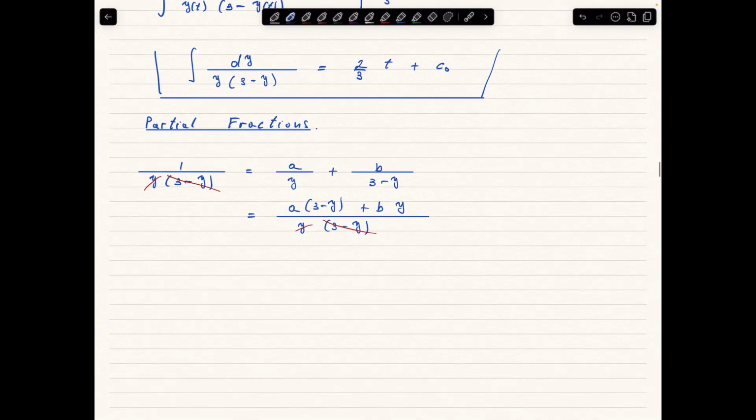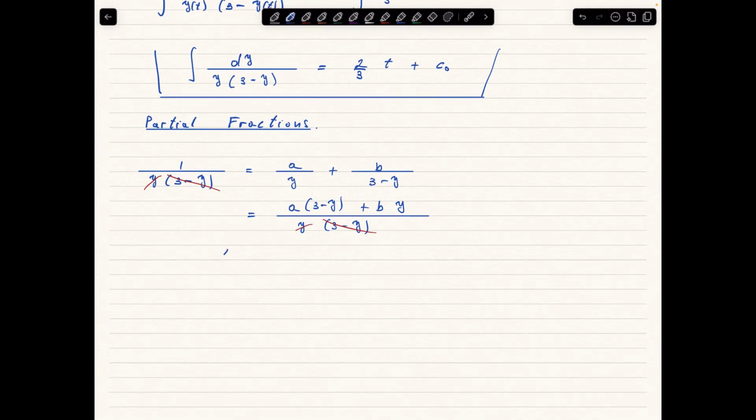And we have an equation that says 1 has to be equal to a times 3 minus y plus b times y, and this has to be true for all y. So, for example, it has to be true for y equals 0, and that means that 1 is equal to a times 3 minus 0 plus 0, which obviously means that the coefficient a is 1/3.